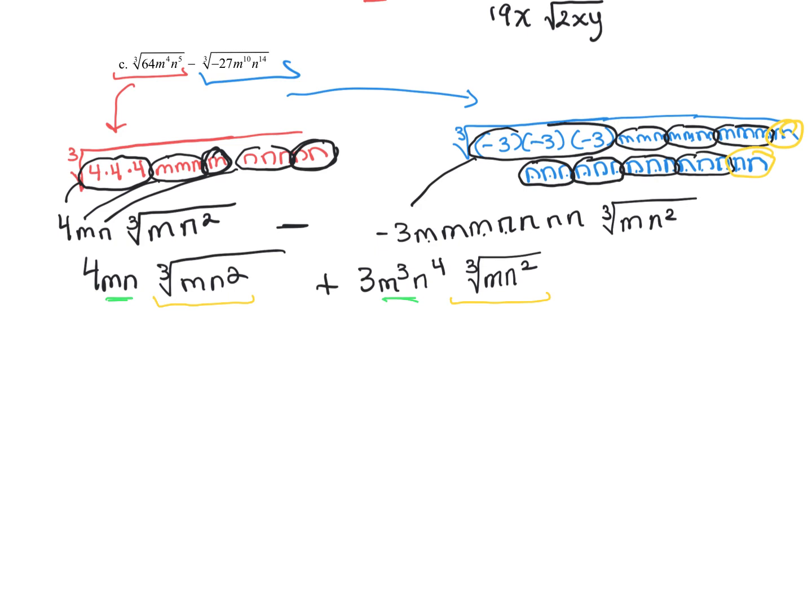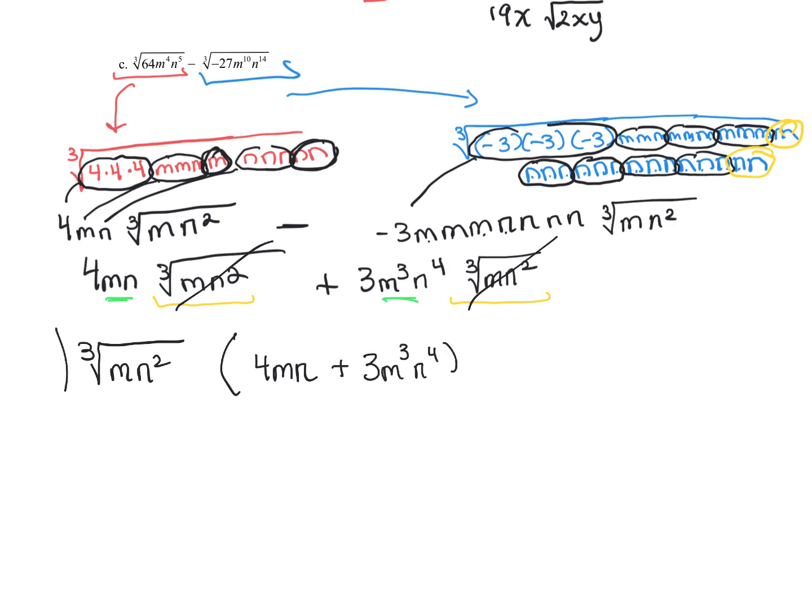Since those two yellow things are exactly the same, I'm going to factor them out. I'm going to pull it out of both of them. So I take out the cubed root, or third root of mn squared. So I've pulled that out of both of them. What's left in the first thing is 4mn plus in the second thing 3m cubed n to the fourth.